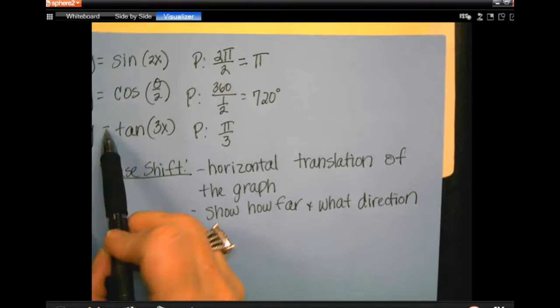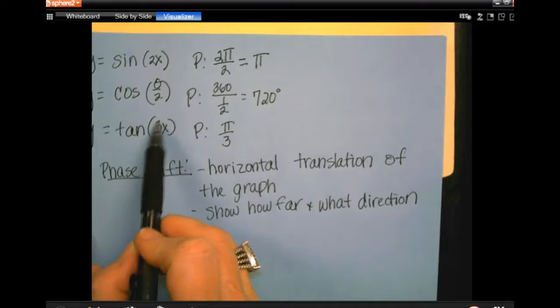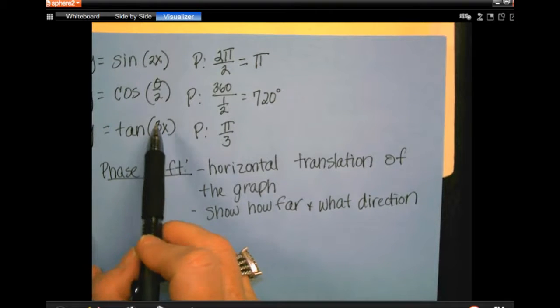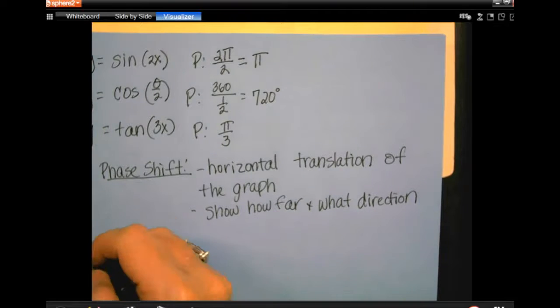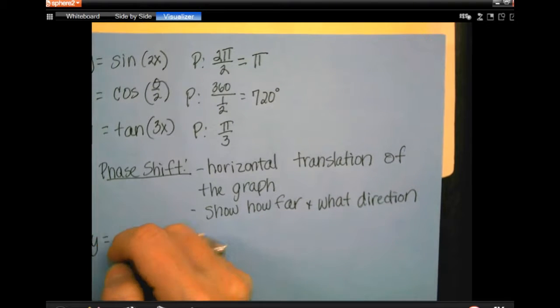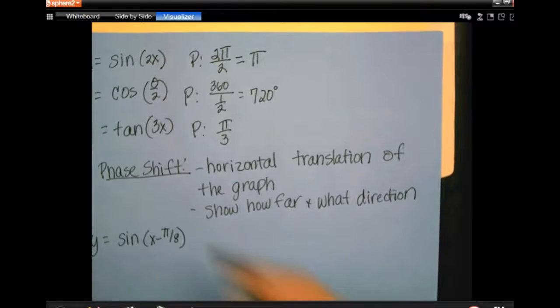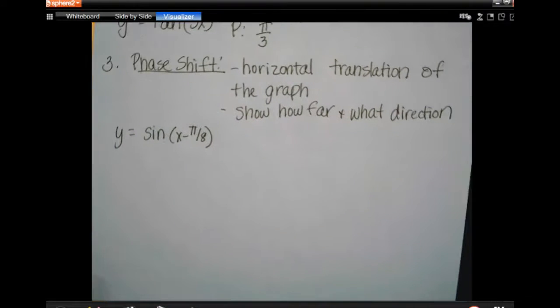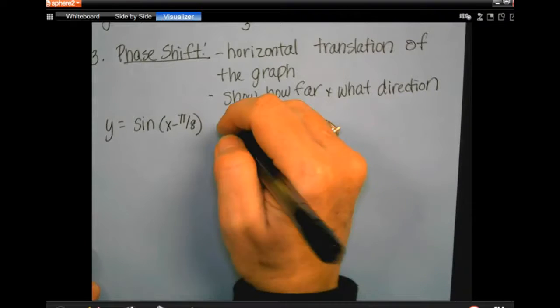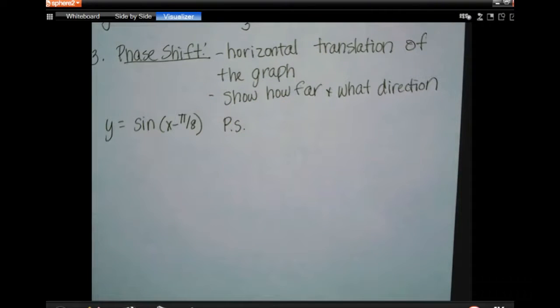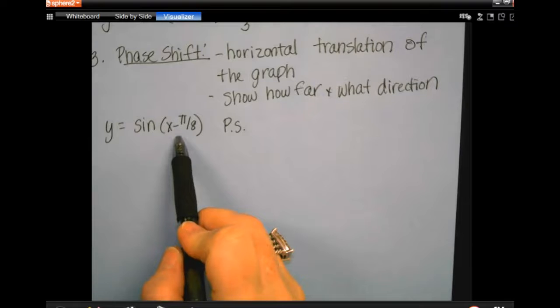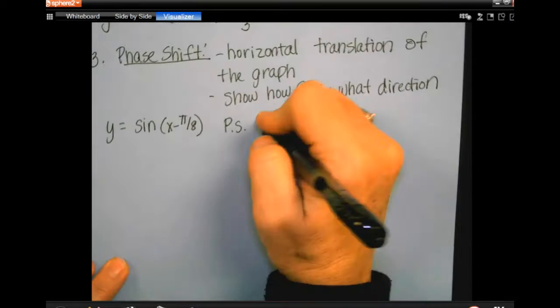So far we had a number in front. Now we have a number with our period in front of the x. So the last thing we're going to have is going to look like this. So the phase shift is going to tell me how far I'm moving it back and forth in which direction. So first of all, what do I know about my x's? It's not a minus, it's a positive, and it's a positive pi over 8.